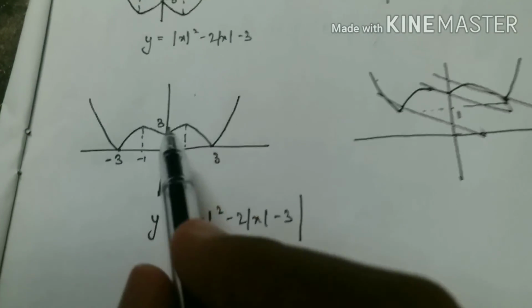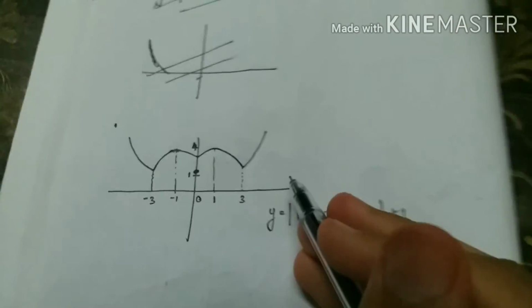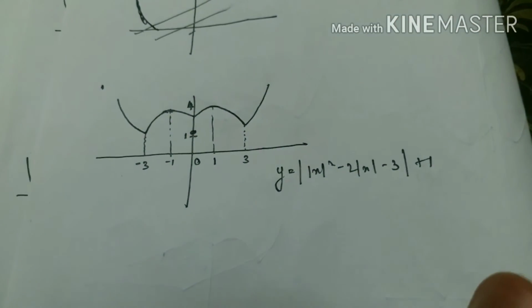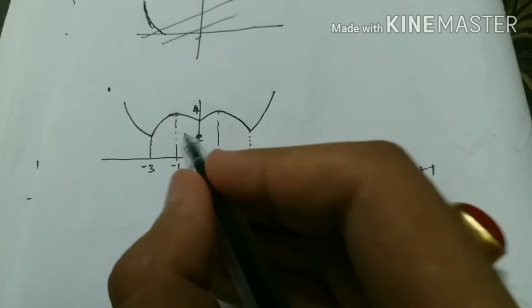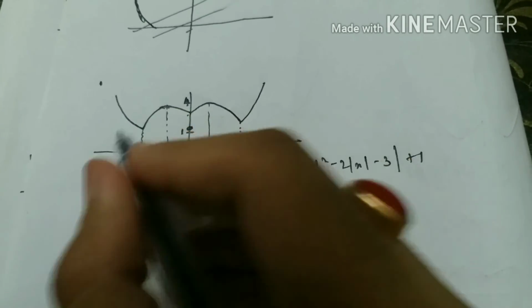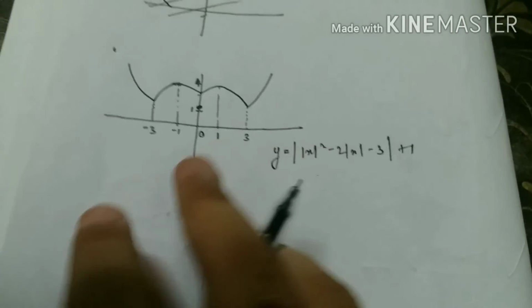So the part below the x-axis goes above the x-axis as an image. And then for this plus 1, we have to just move it upwards along the y-axis by a distance of 1 unit. So we do that thing and we get this graph. So this is the graph which we want.